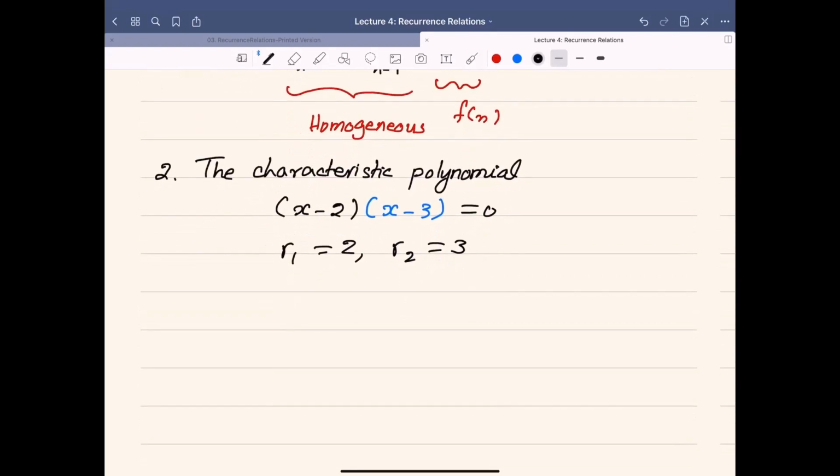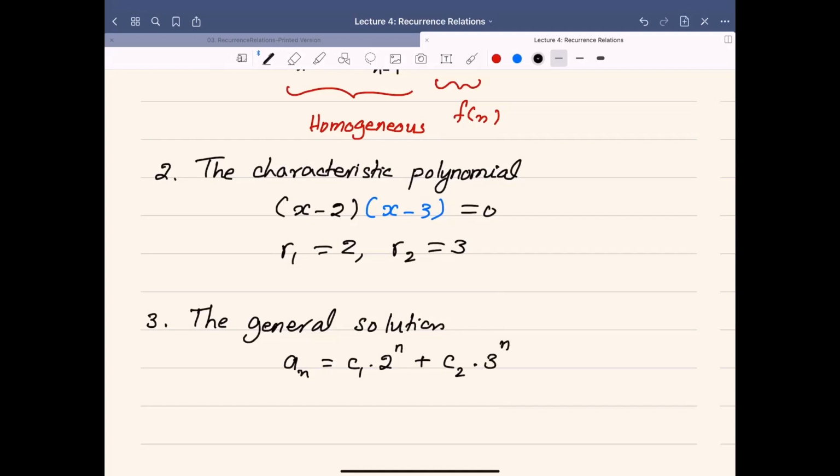Step number 3 is finding the general solution. And the general solution is called a_n. It will be constant multiplied by 2 raised to power n plus another constant multiplied by 3 raised to power n.